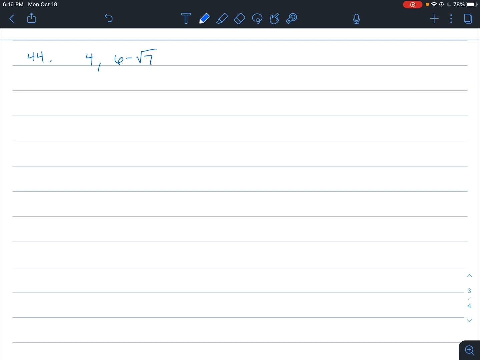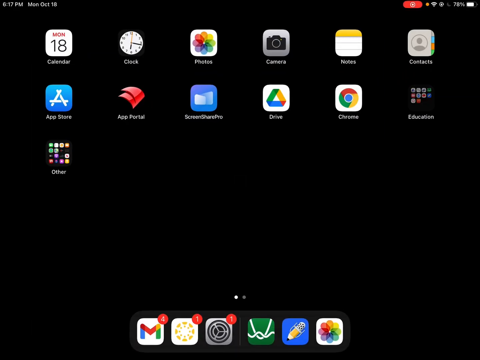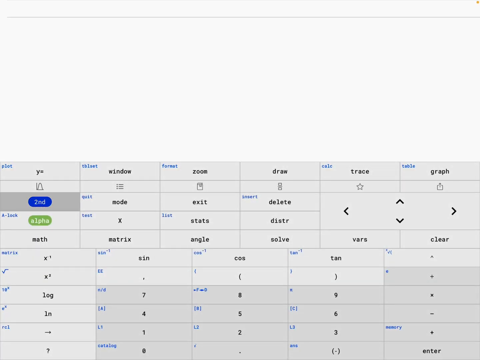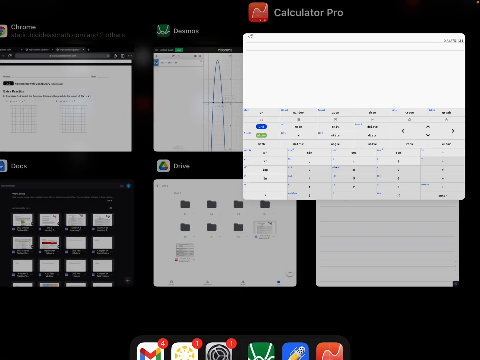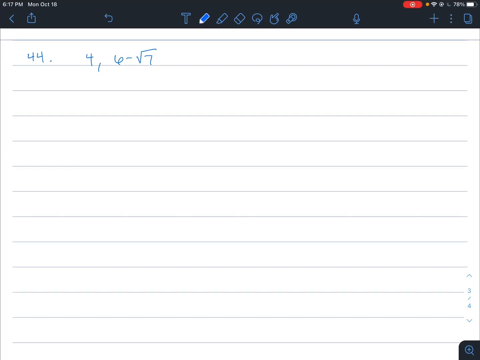If you were to go to a calculator and type in the square root of 7, it's 2.645751311. That decimal isn't repeated and it's not going to stop. It keeps going. That's an irrational number.